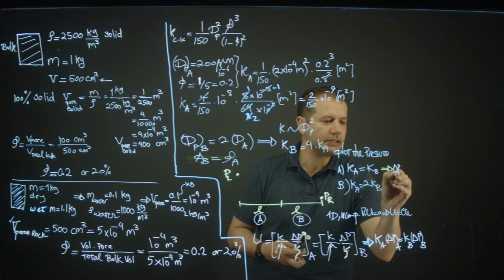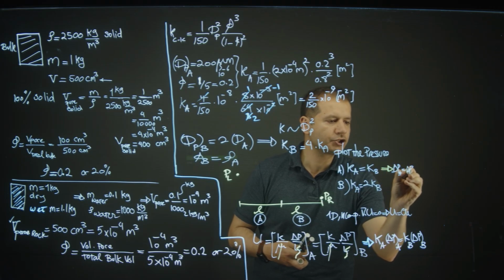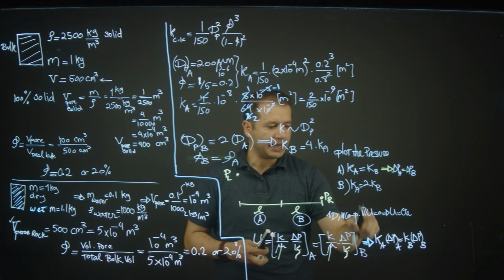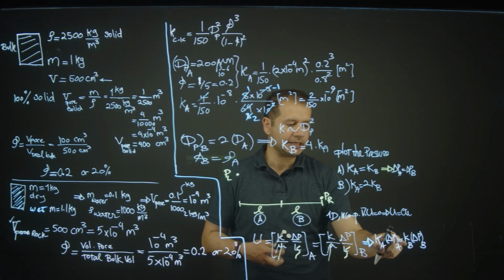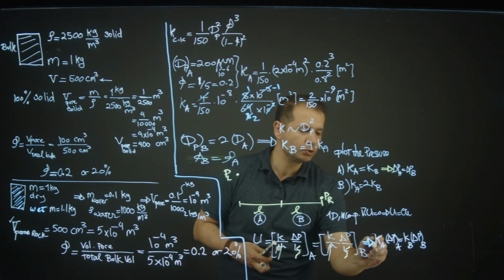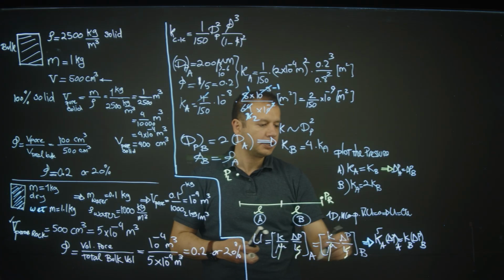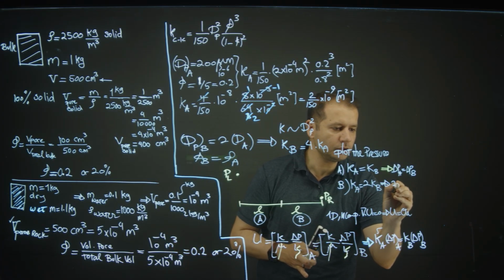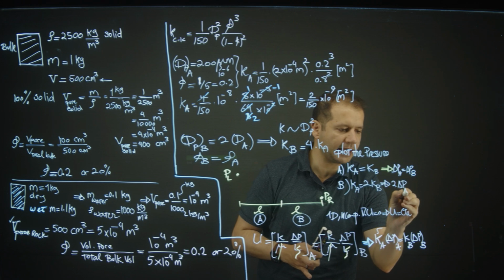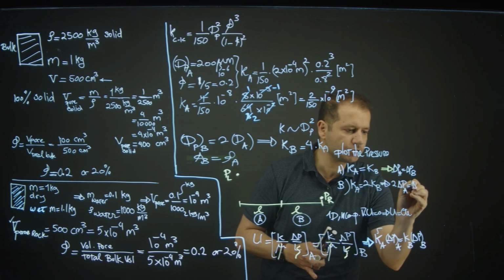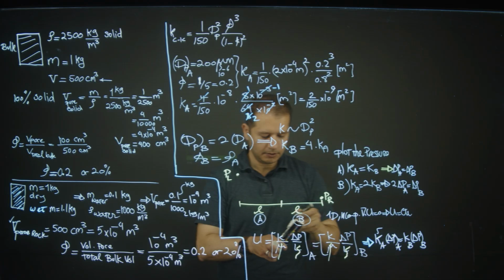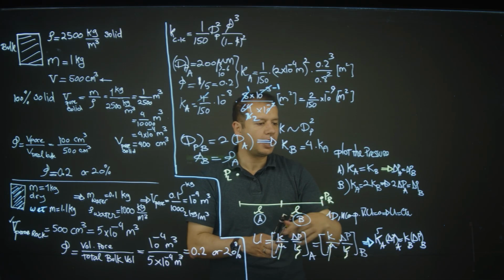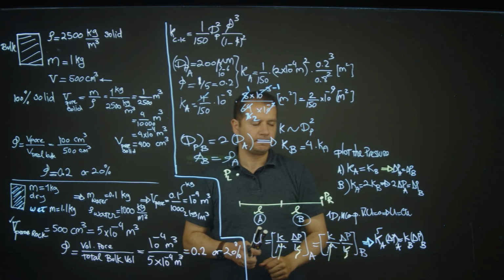So the pressure drop in A is equal to the pressure drop in B. If Ka is 2 times Kb, so I put 2 times Kb here, Kb and Kb cancel each other, then I find that 2 times the pressure drop in section A is the pressure drop in section B. Because instead of Ka, I wrote 2 times Kb.